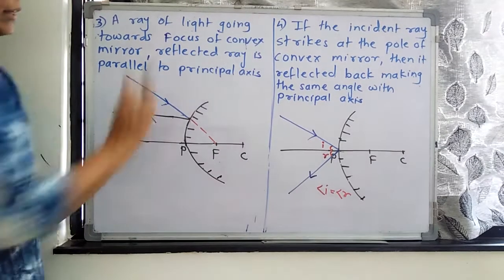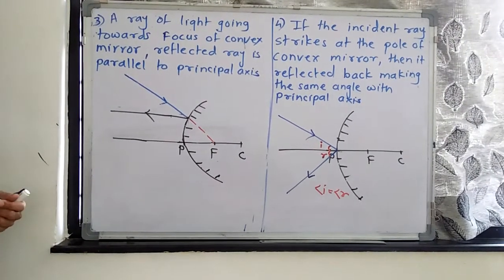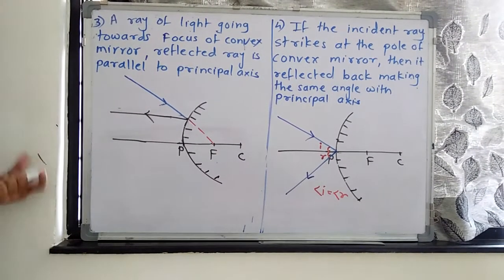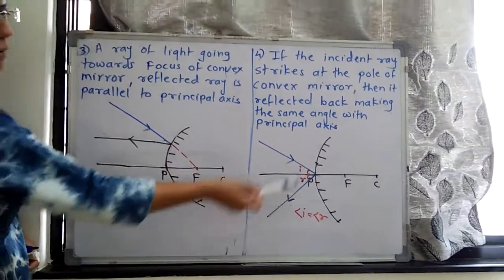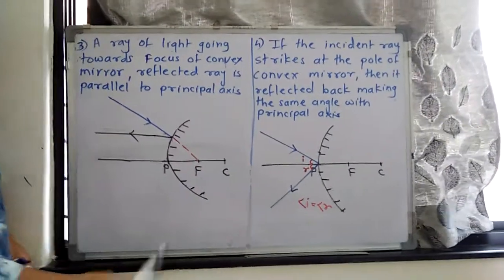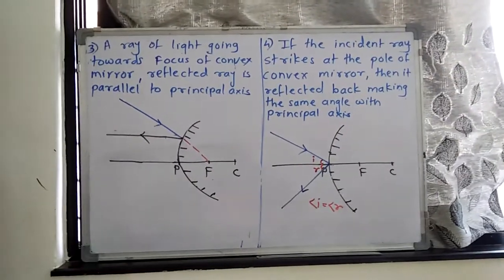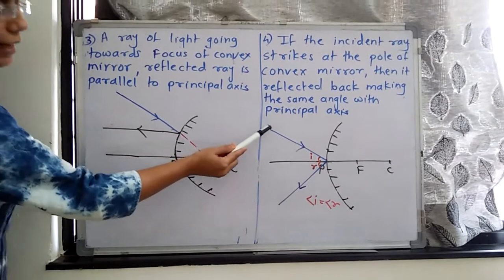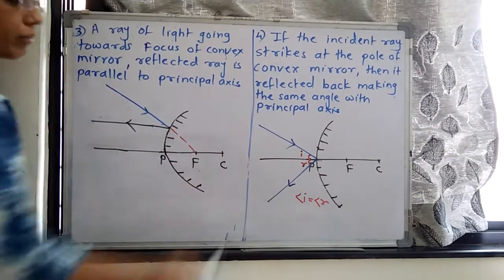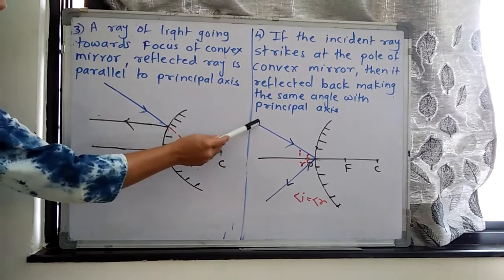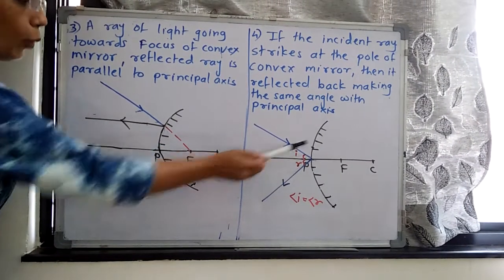Now fourth rule is same for the convex mirror as well as concave mirror, that we have already studied. Now here again we have convex mirror, center of curvature, focus and pole. Now what is the fourth rule? If the incident ray directly strikes at the pole of the convex mirror, here we have convex mirror and incident ray directly strikes at the pole.